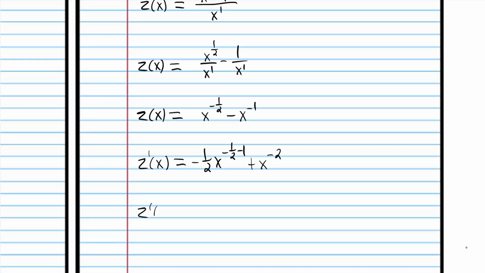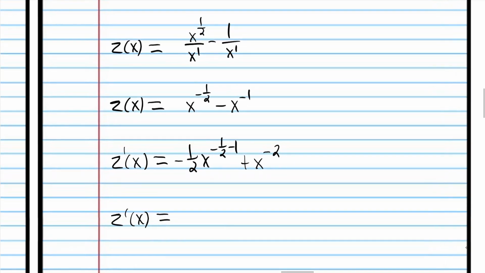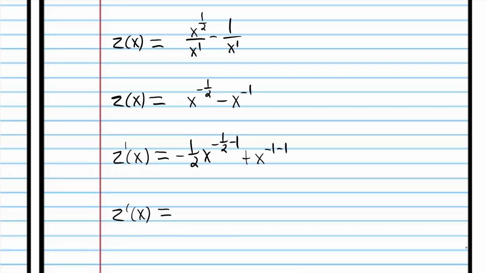So now we have z prime of x is equal to, well, I'm gonna go ahead and show that. So then we have negative 1/2 x to the negative 3/2 plus x to the negative 2.